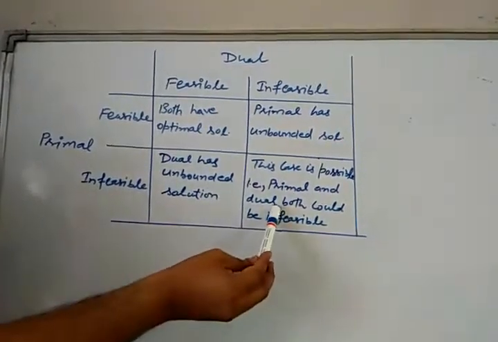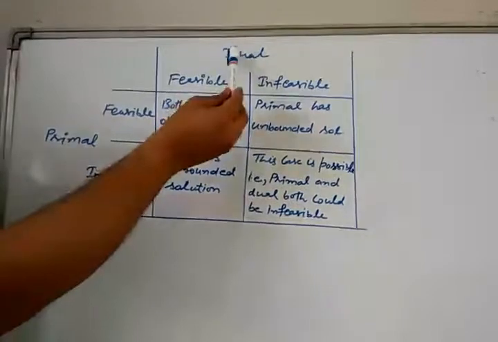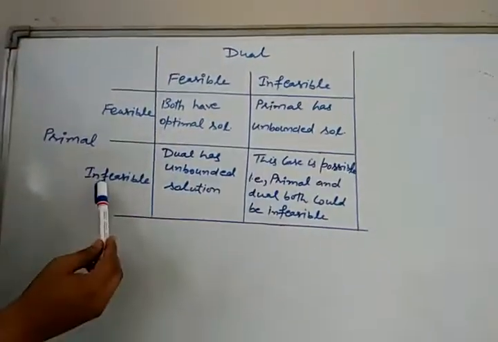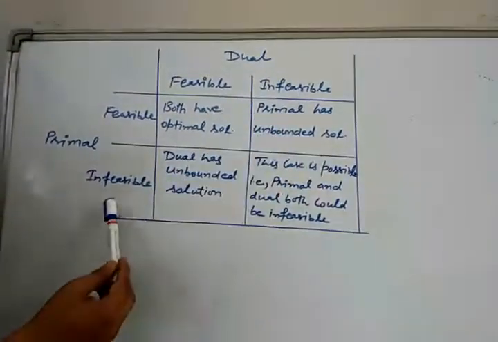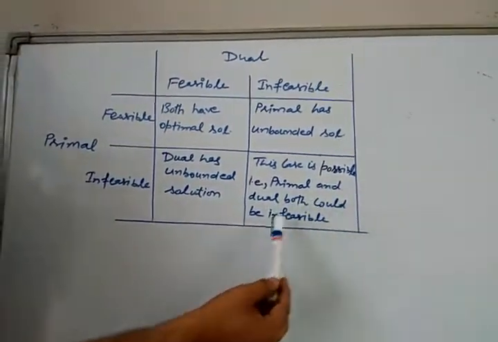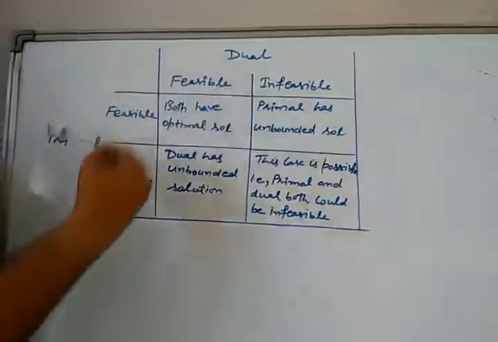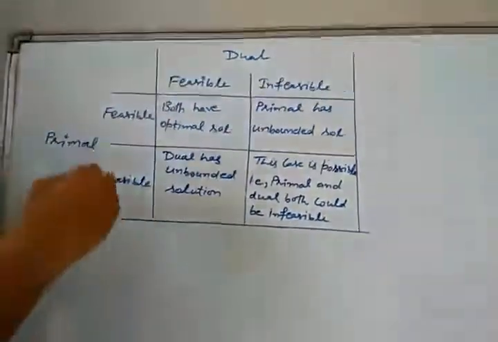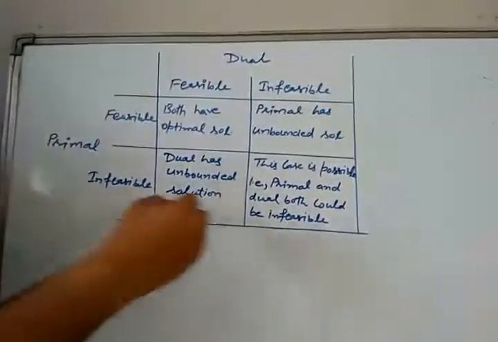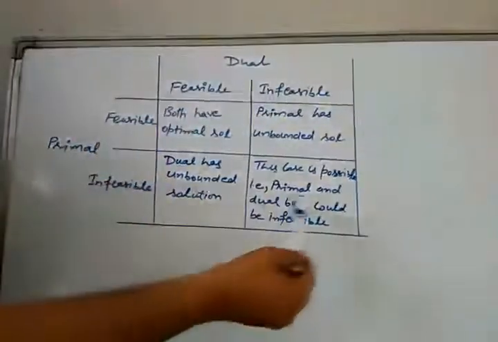This case is also possible: when both the primal and dual have infeasible solutions. That is, the primal and dual both could be infeasible. This is the important table, which is the result of all the duality theorems put in the form of a table.